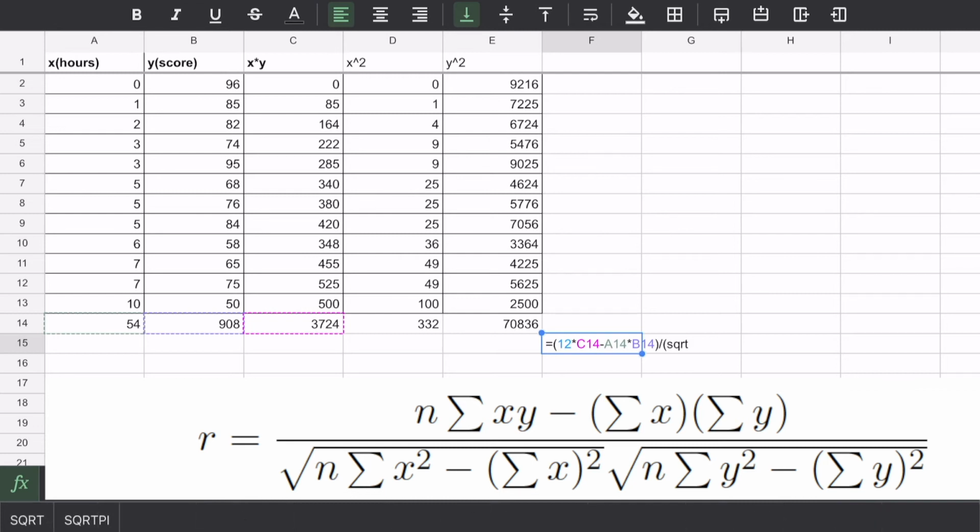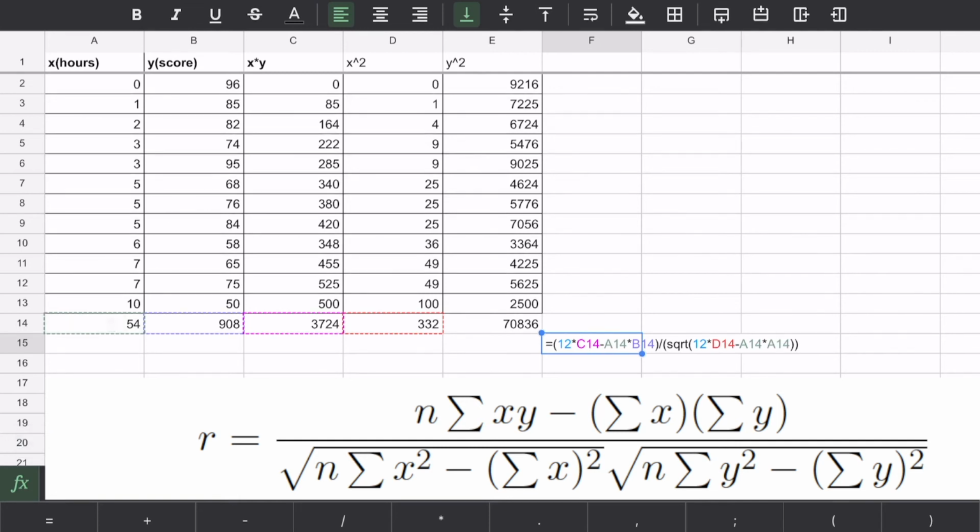square root of n, so 12 times the sum of x squared, which is 332, minus the sum of the x in the square. This is 54 times itself.